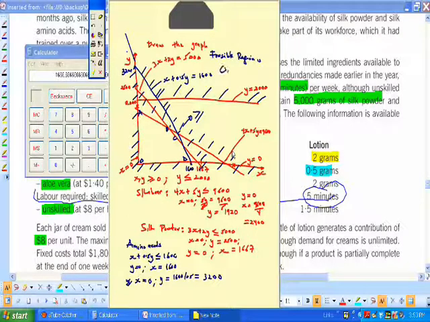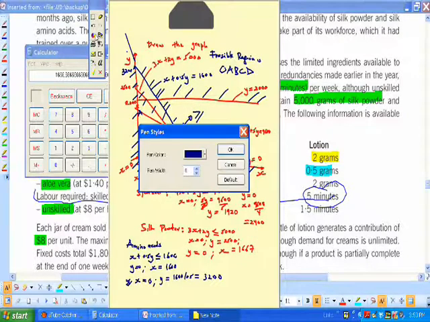One of the points O, A, B, C, and D is our optimum production plan. So the next step is to find the optimum production plan. We're trying to establish which of these points will give us the best.